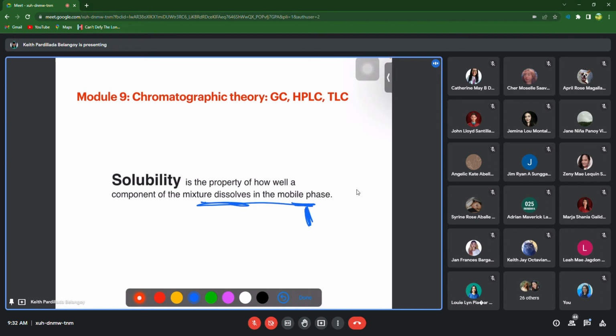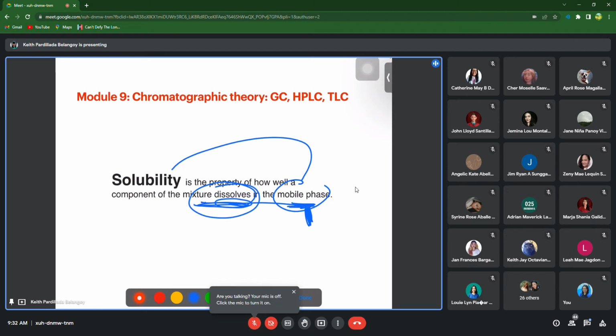The mobile phase is the one that is moving and could be in liquid form, so the component must mix and dissolve, because it must be soluble. Adsorption is only on the surface, because your stationary phase does not move, it is the solid. So it just adheres to the surface of the stationary phase.